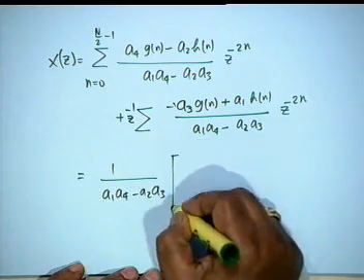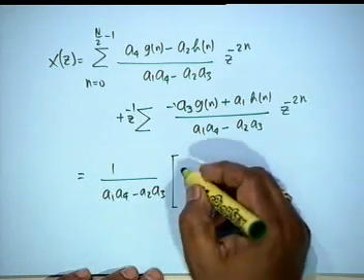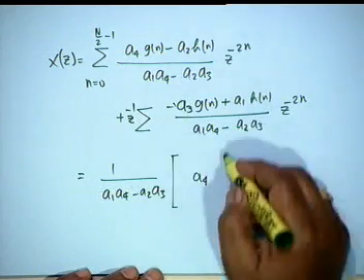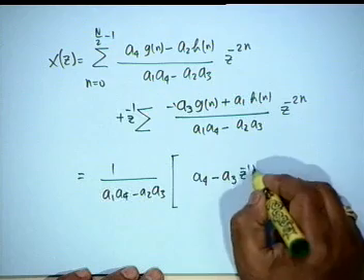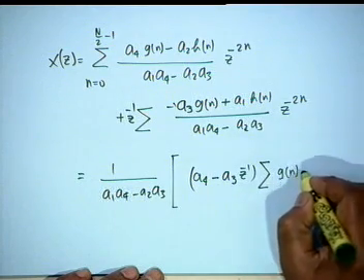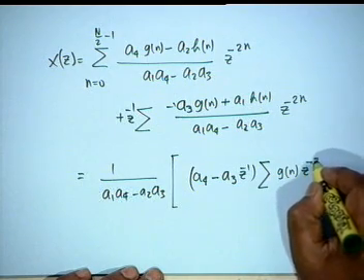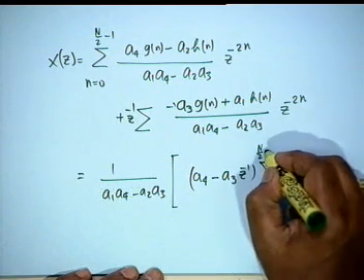We take this out. Then I get A4 minus A3 z inverse, summation gn z to the minus 2n, n equal to 0 to n by 2 minus 1.